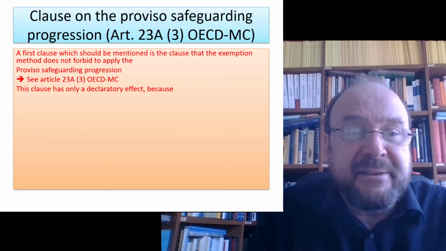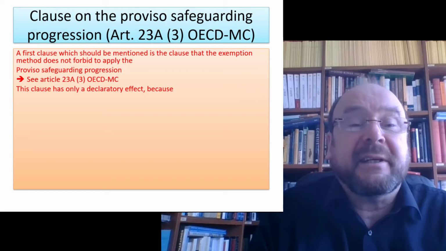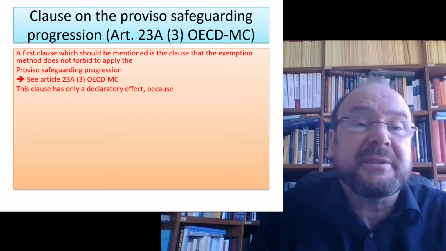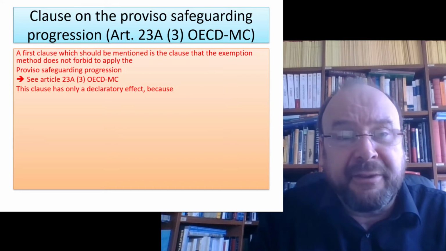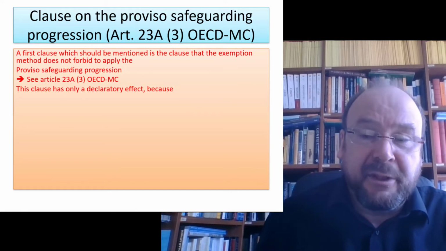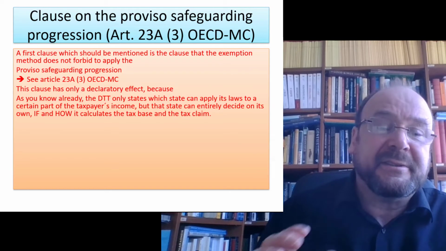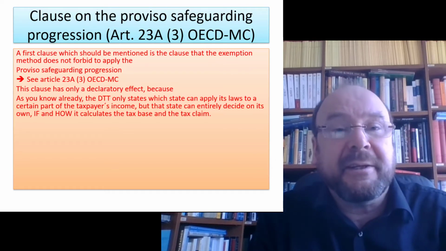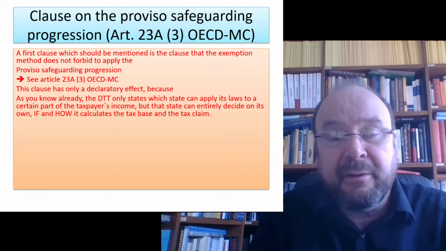This clause is superfluous. It has only a declaratory effect because it states something which without that clause would also be clear. Because as you know, the DTT only states which state can apply its law to a certain situation.